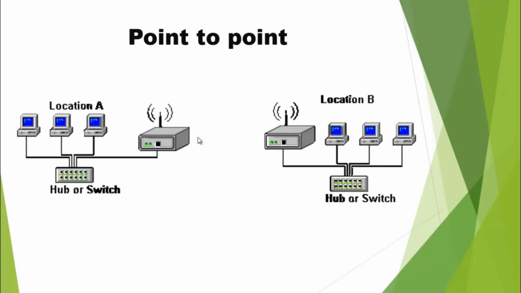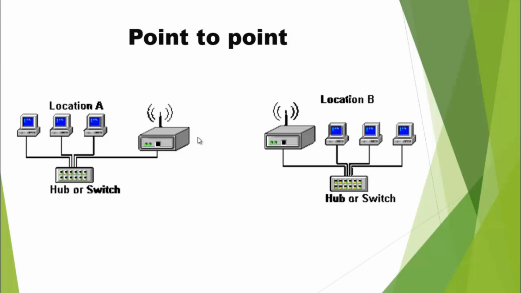And now come to the exercise. You have to attempt the MCQs of this chapter, and then you have to share them with me in the group also. The first MCQ: in which of the following transmission modes is information transmitted in both directions but not simultaneously?